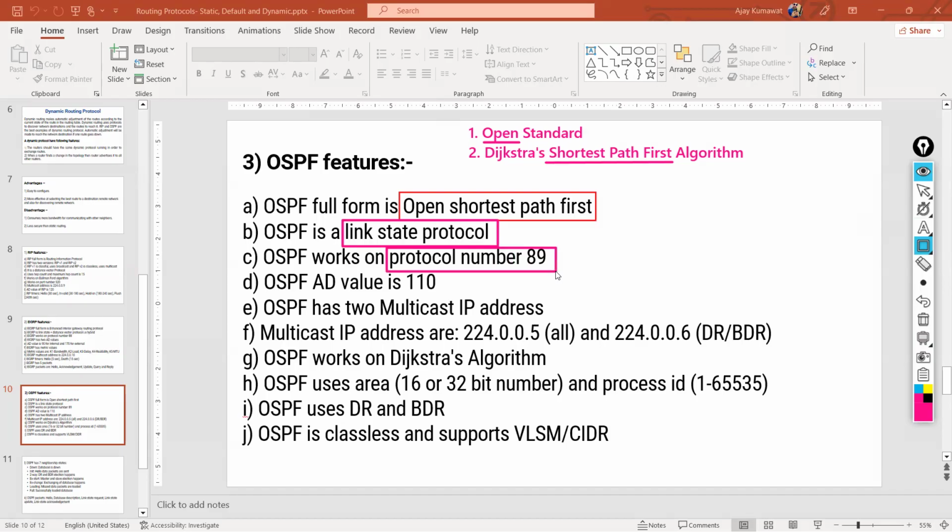What is the protocol number used by EIGRP? Yesterday only we discussed.